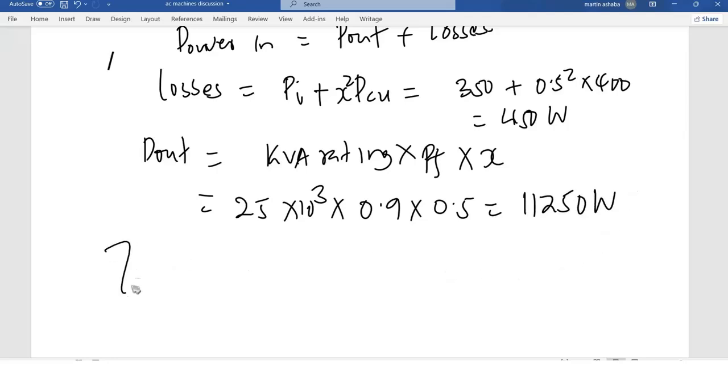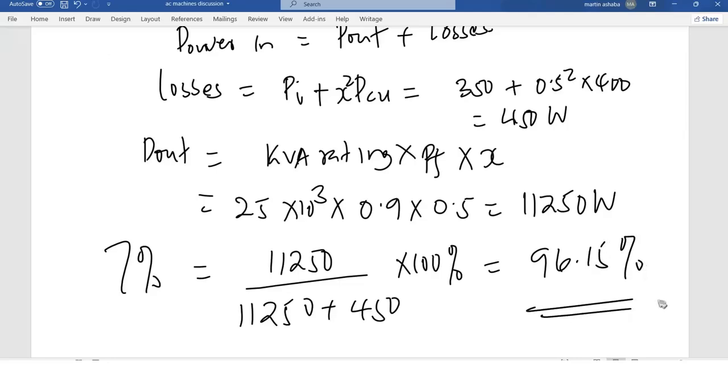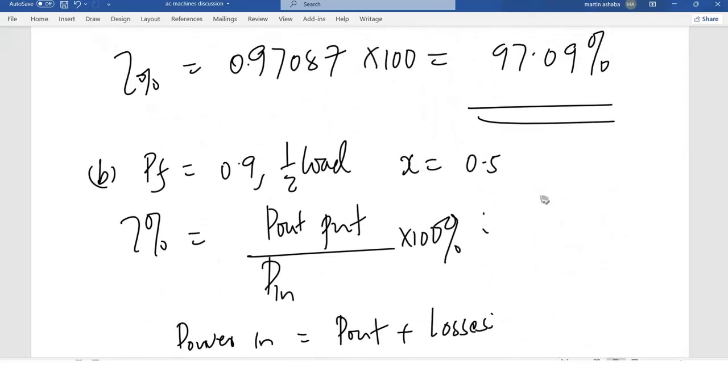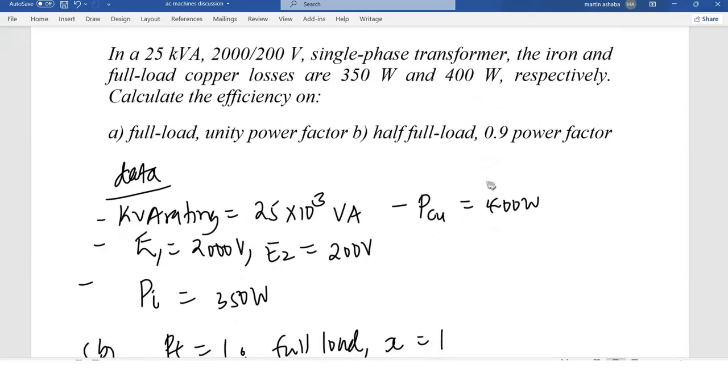So percentage efficiency will be 11250 divided by 11250 plus 450, times 100. This is giving us 96.15%. So that's the efficiency of this transformer while operating at a power factor 0.9 and half full load.